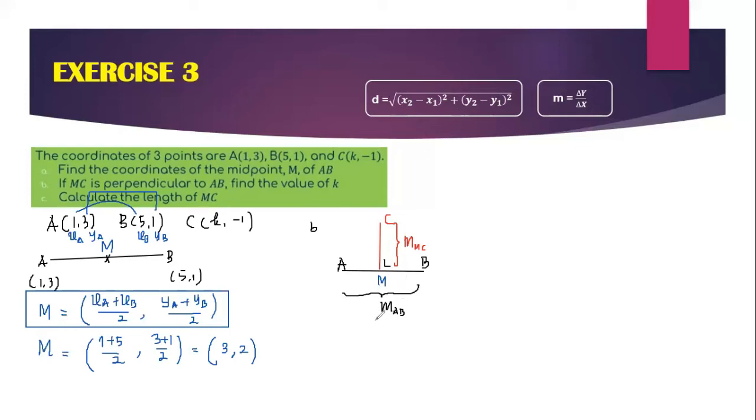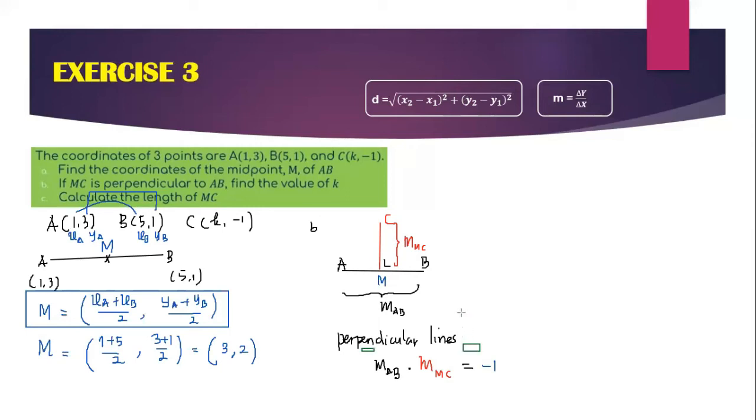Because both lines are perpendicular, the gradient of AB times the gradient of MC equals minus 1. This is the concept for perpendicular lines.